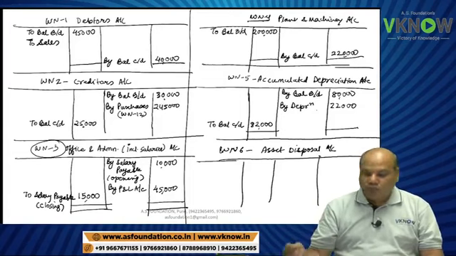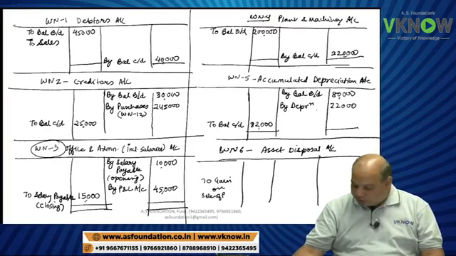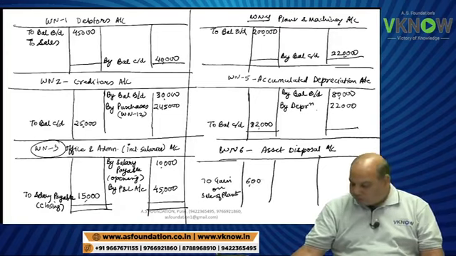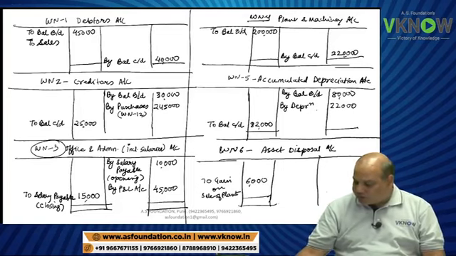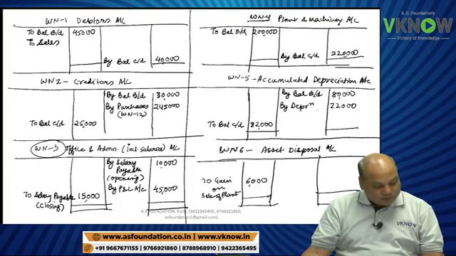Asset disposal account debit side to gain on sale of plant. Second line, to gain on sale of plant 6,000. Any other presentation is also okay, right? Next line, total profit. This is not required.